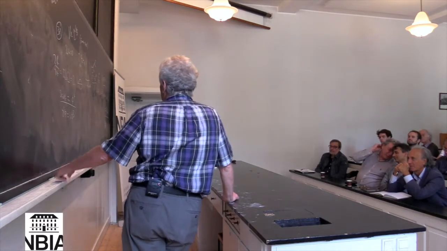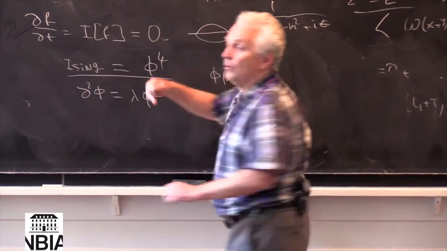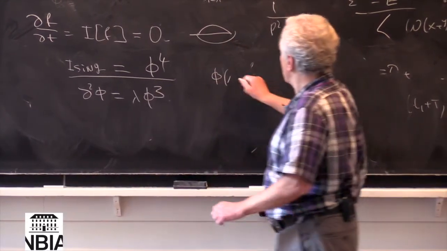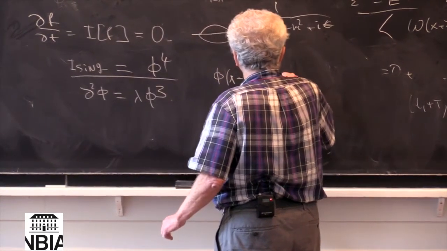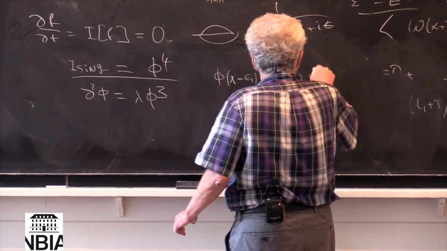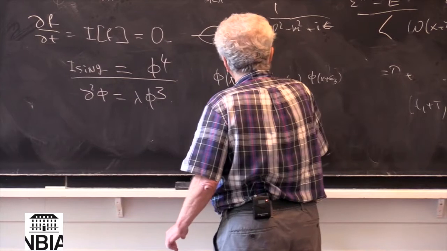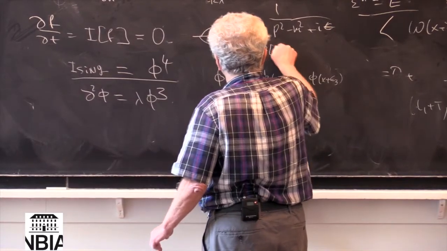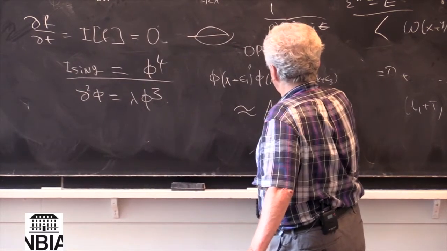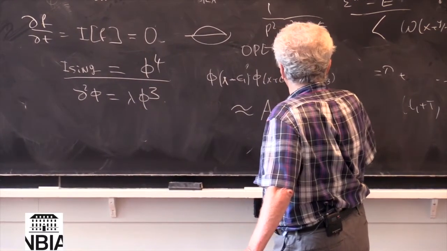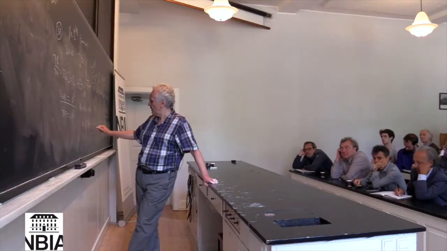So, reading it in this way, you should say the following. Let's do the point splitting again. So you have phi(x plus epsilon 1), phi(x plus epsilon 2), phi(x plus epsilon 3), and the OPE, generally speaking, will contain a Laplacian of phi plus some other operators and so on.